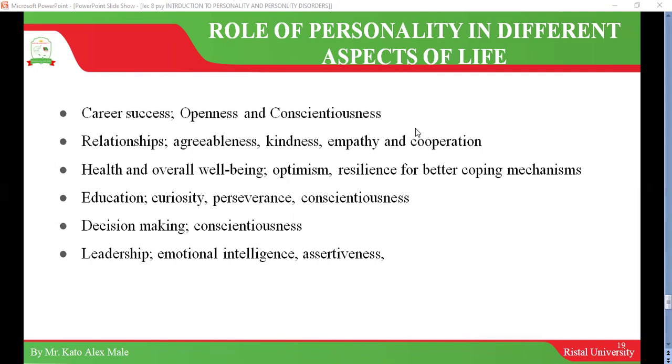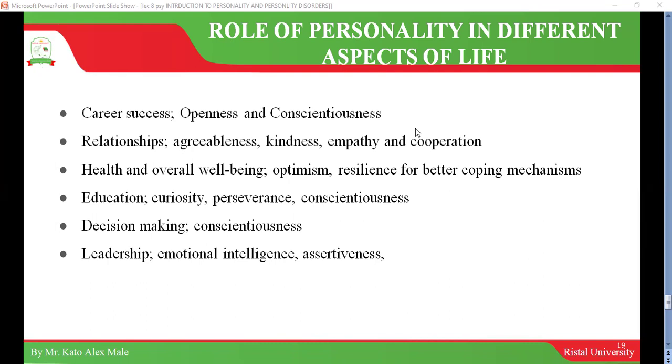Then conscientiousness. Yeah, this includes, like we have been saying, doing assignments on time. Individuals don't want to disappoint others, their teachers in this case. You get it, eh? Yeah. Then decision making as an aspect of life, still conscientiousness is a very important personality trait in this category.